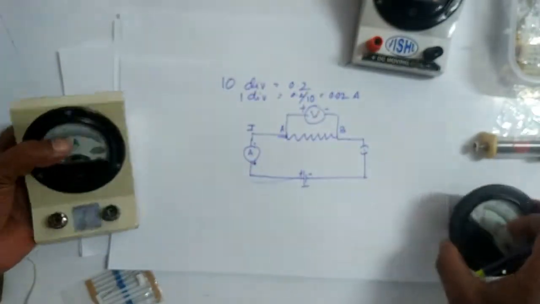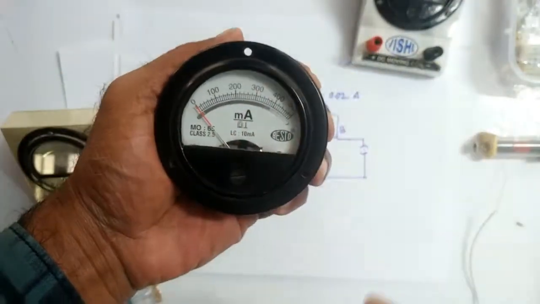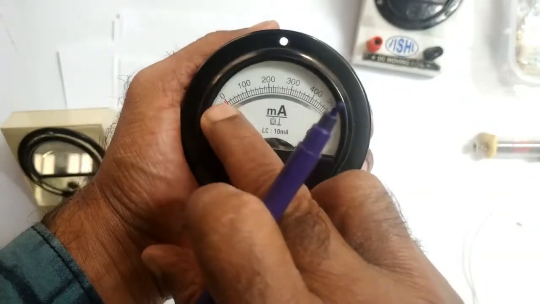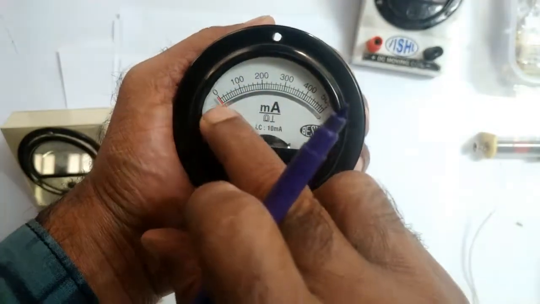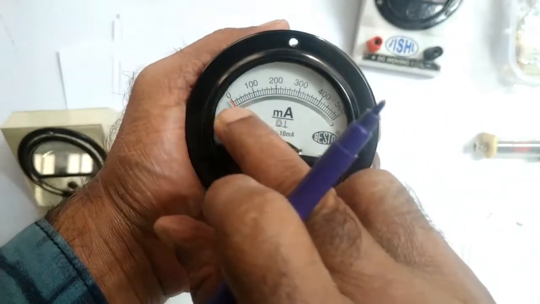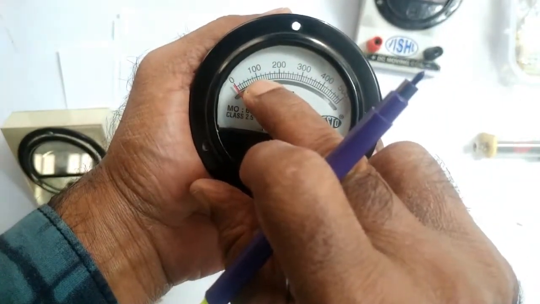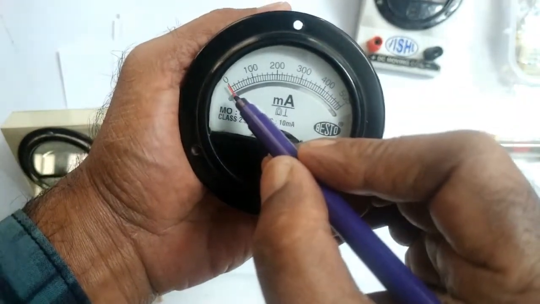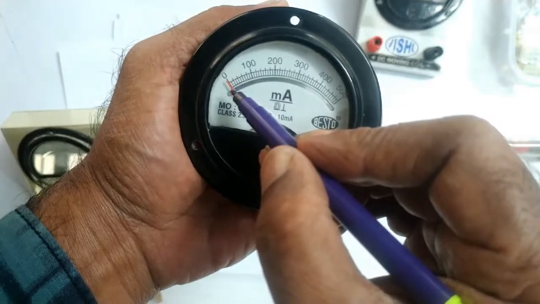Right? Now let's go for this. What is the least count? Here from 0 to 100, 100 what? 100 milliampere. Right? It is 0 to 100 milliampere. That's why, see how many divisions are there? 10 small divisions are there from here to here.